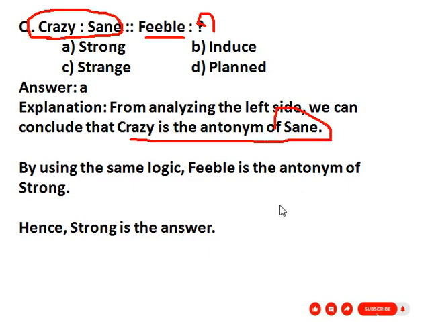So by the same logic, feeble is the antonym of strong. That is, strong is the opposite word of feeble. So our correct answer is strong. Here given option A, strong.